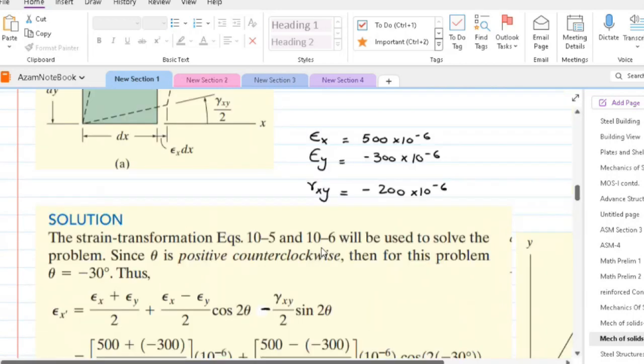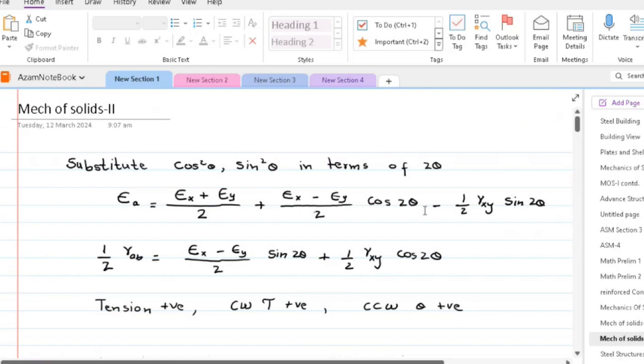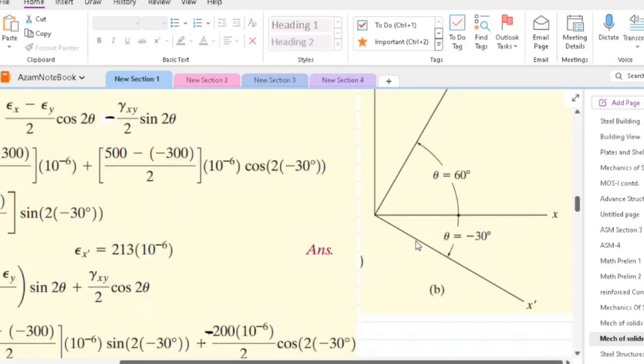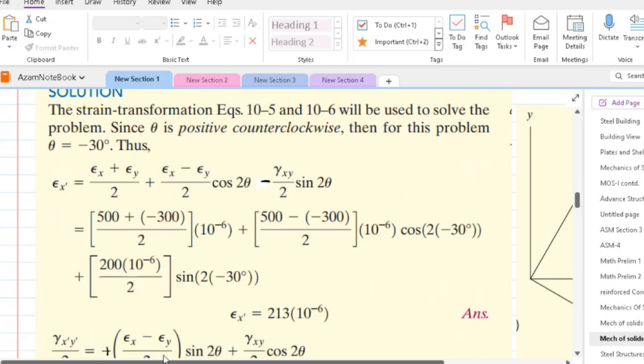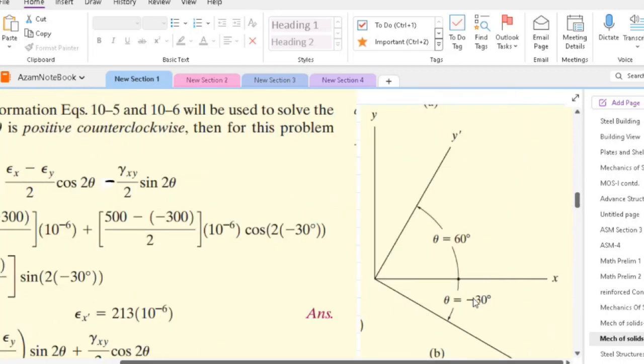Now, using the same expression, but this time theta equal to plus 60°. So we can imagine that strain x prime is in the direction minus 30° with respect to x-axis, then strain y prime will be counterclockwise 60° with the x-axis.